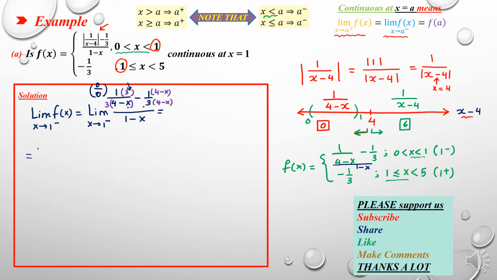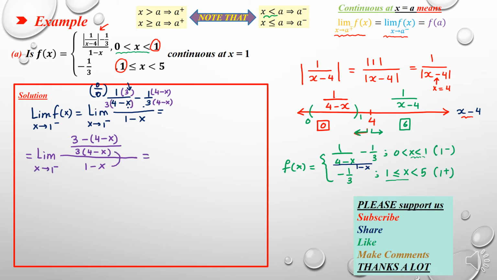So this is equal to the limit of 3 minus 4 minus x divided by 3 multiplied by 4 minus x, all quantity divided by 1 minus x when x goes to 1 from left.